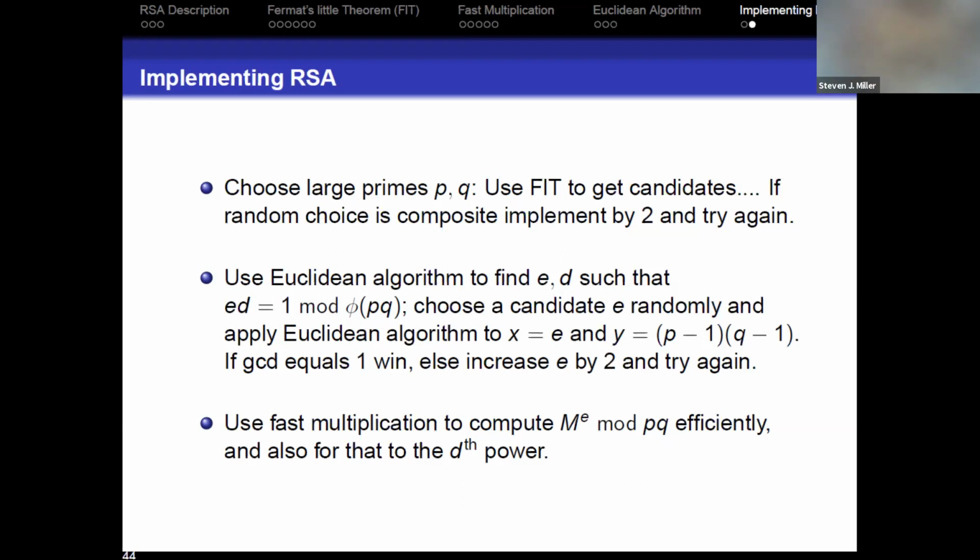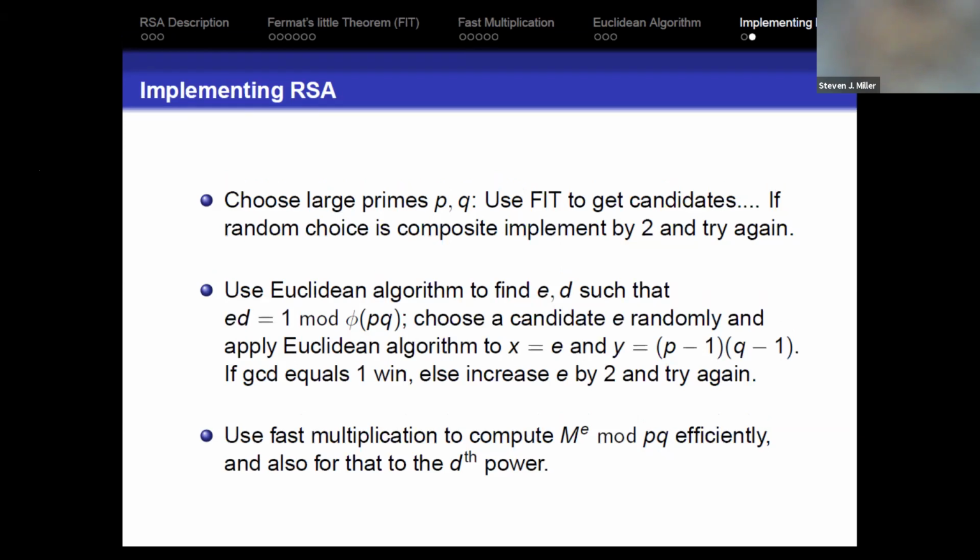Well, let's apply the Euclidean algorithm. Let's take X to be E, and let's take Y to be P minus 1 times Q minus 1. If E and Y are relatively prime, then when we apply the Euclidean algorithm, we'll get a choice of A and B such that AX plus BY is 1. And then we win. So now what we would have in that case is A times E plus B times P minus 1 times Q minus 1 equals 1.